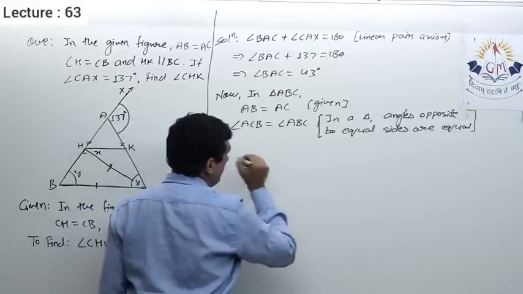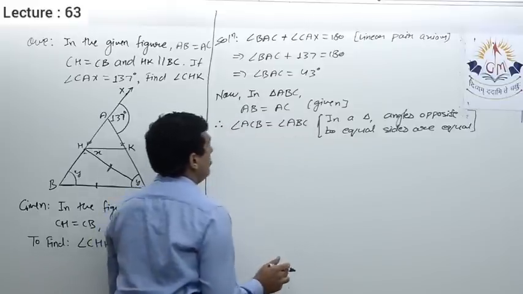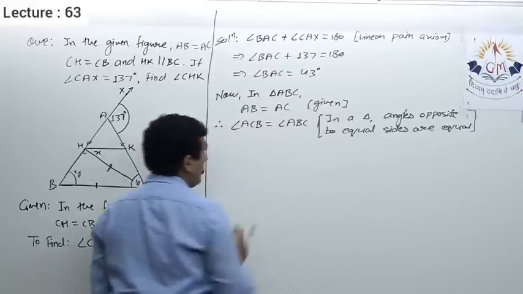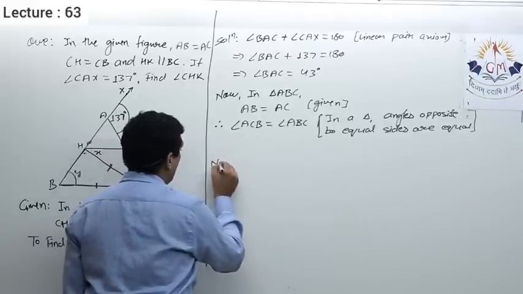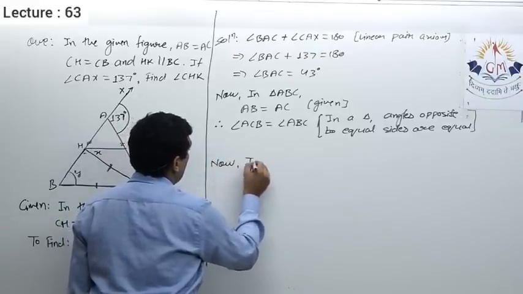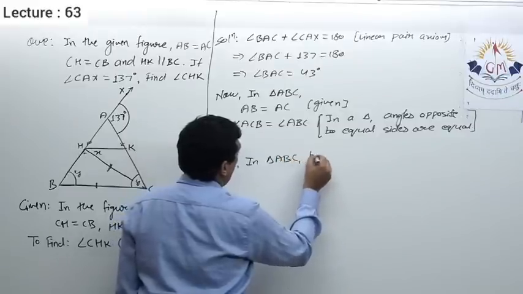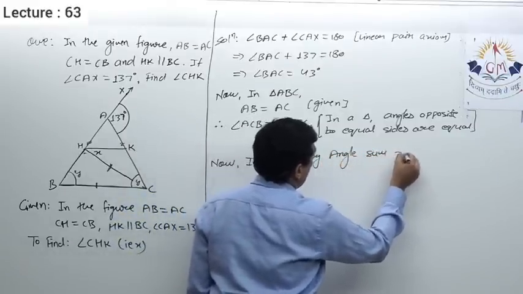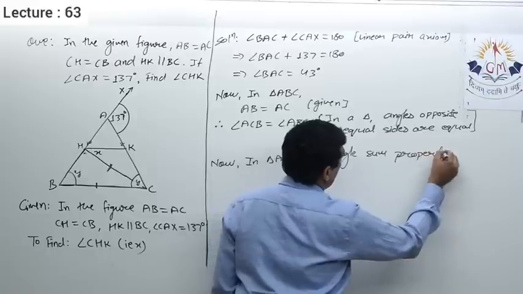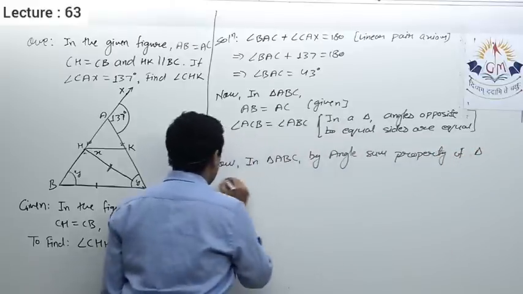Is equal to, I'm assuming this is equal to y, or let it be like that only, doesn't matter. Better to write, if it is possible to write, this is equal to y. Now in triangle ABC, by angle sum property of triangle, what I can write?